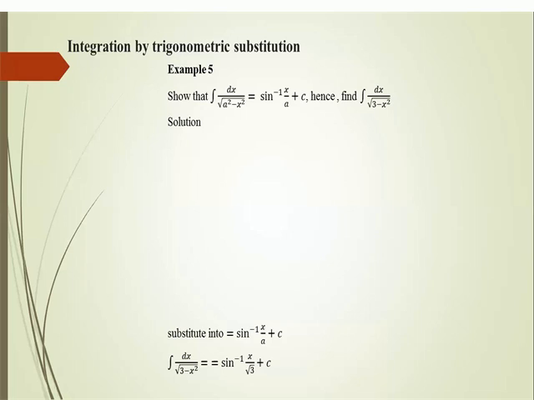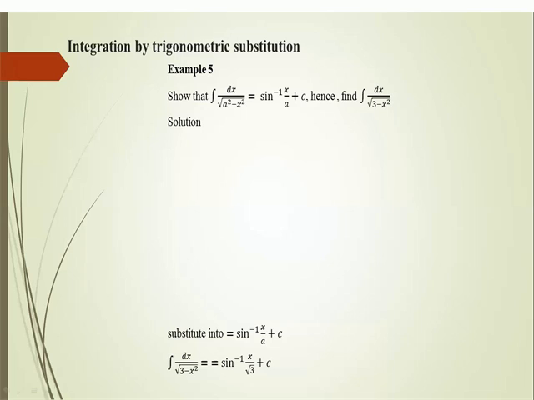So we are going to say a sine theta, then you put it in brackets. By the time we put it in brackets, we have a squared minus a squared sine squared theta. Then we can factorize for a squared. By the time we factorize for a squared, we have a squared bracket 1 minus sine squared theta.